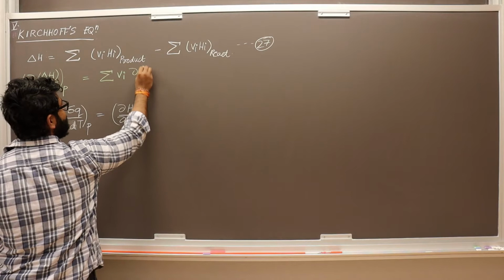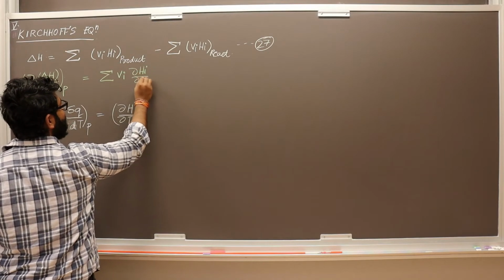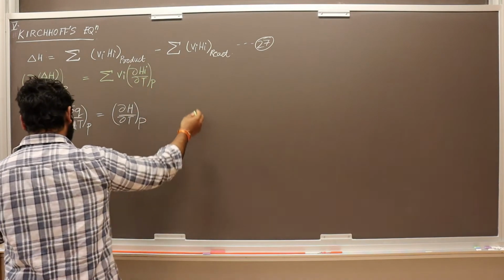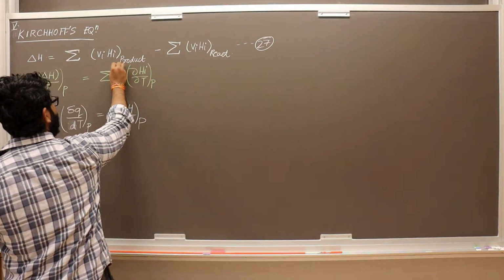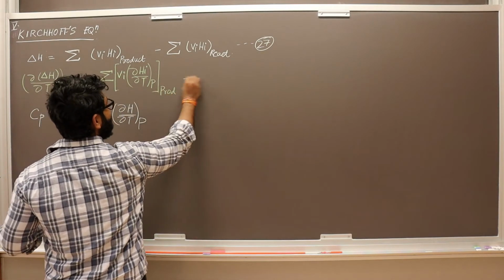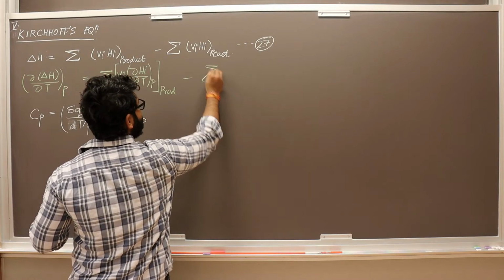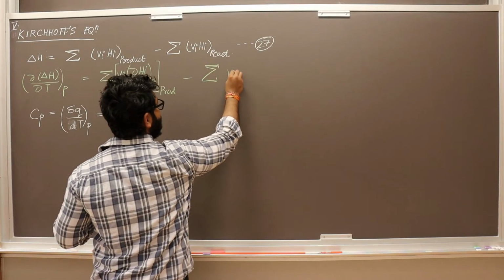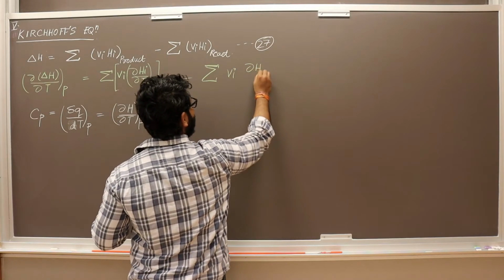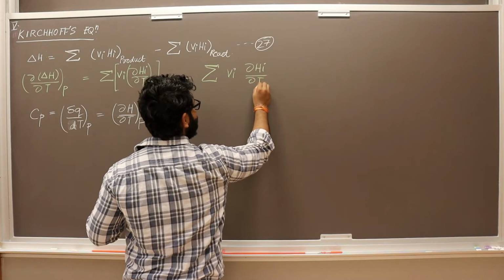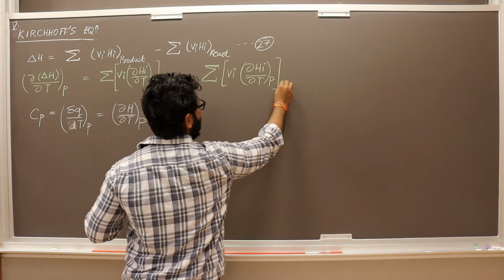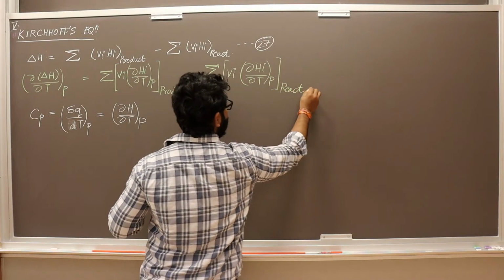This becomes del Hi by del T at constant pressure for the products, minus the summation of the stoichiometric coefficients, which come out as they are constants, times del Hi by del T at constant pressure for the reactants.